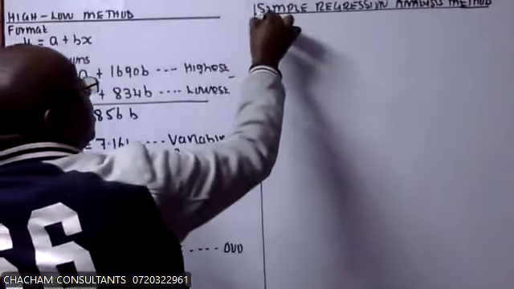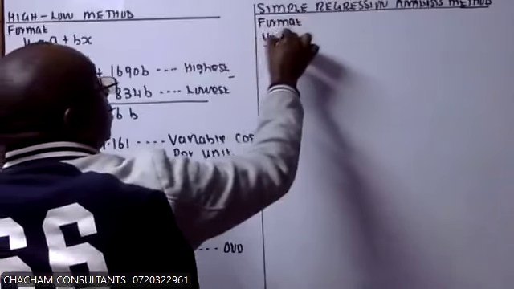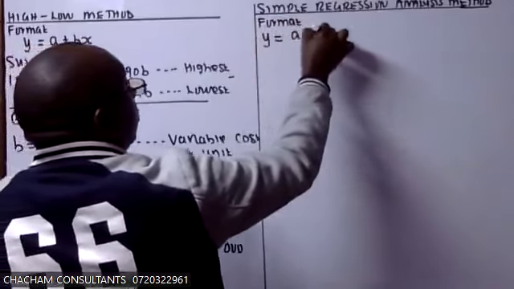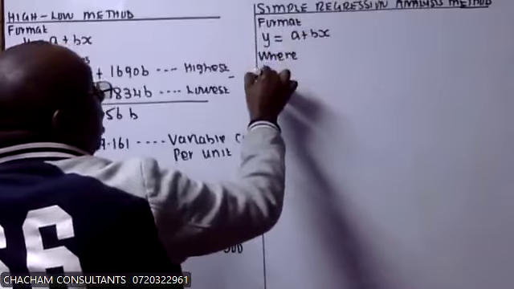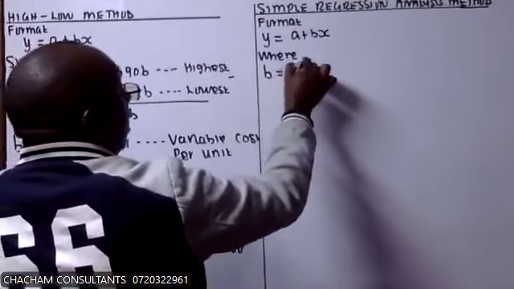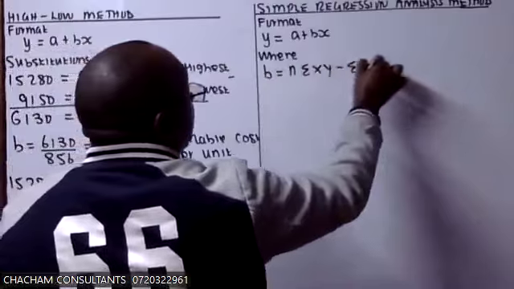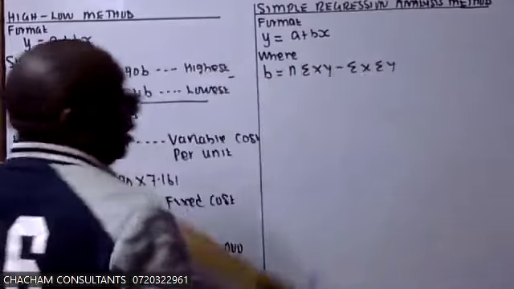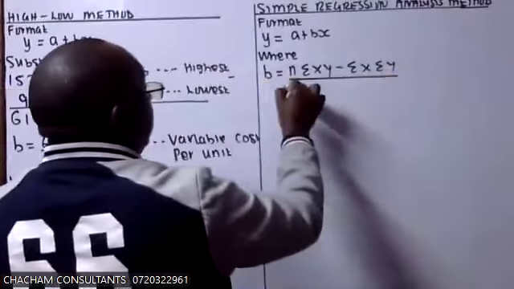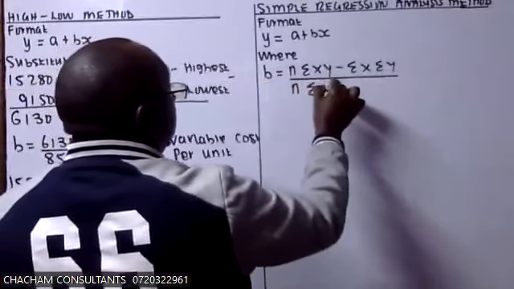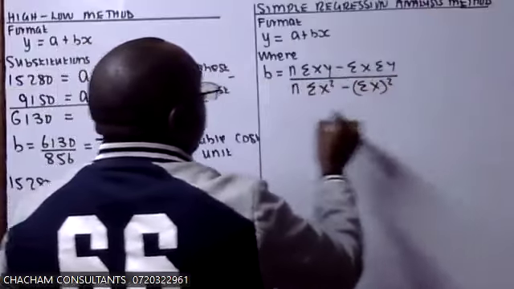So the format is y = a + bx, where b is given as n times the sum of xy minus the sum of x times the sum of y, divided by n times the sum of x squared minus the sum of x, squared.